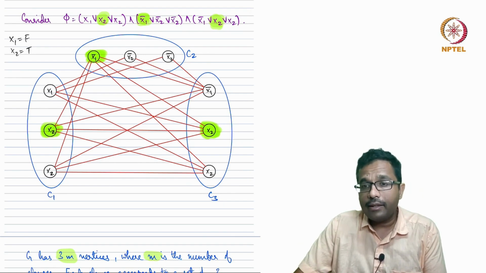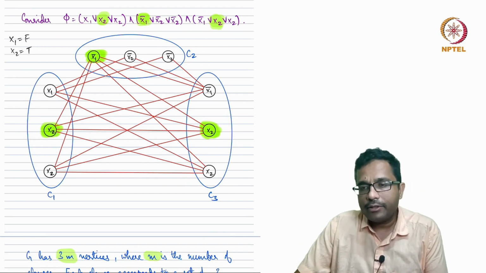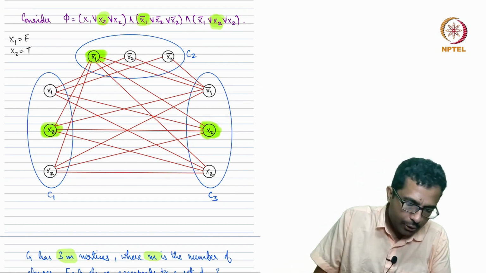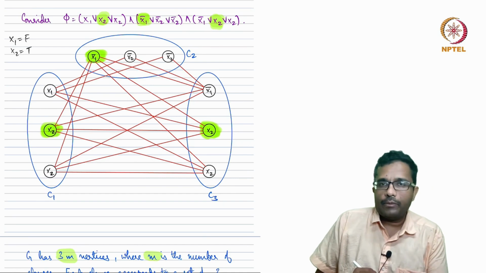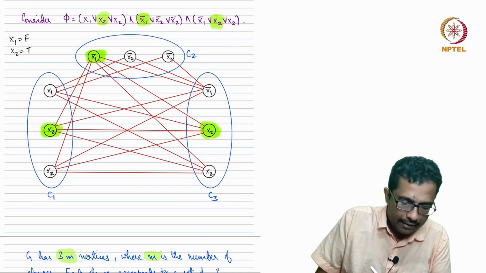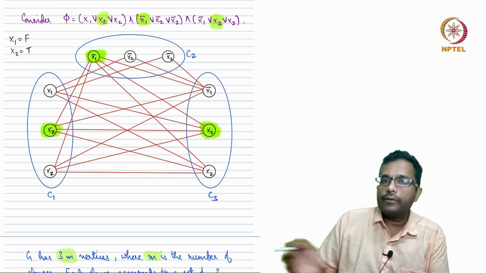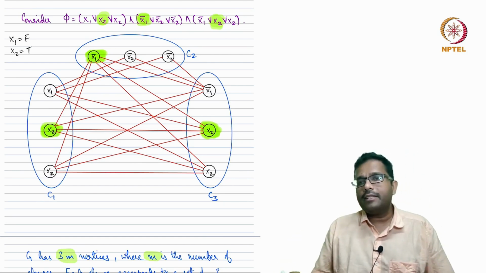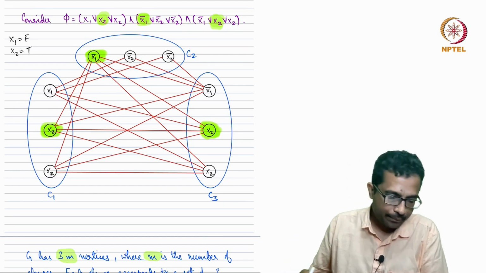If our assignment xi was true, then xi will be the true literal, and xi complement will not be. So if we picked x2 here, x2 complement will not be true. We cannot pick xi and xi complement from two different clauses, so that is the other way in which there may not be an edge.